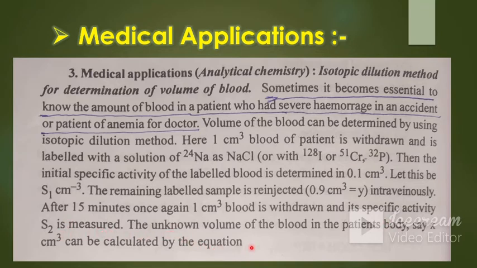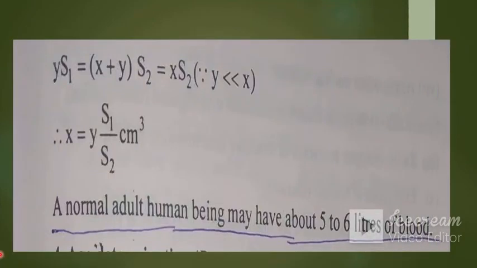The unknown volume of the blood in the patient's body, say X cm³, can be calculated by the equation Y S1 = (X + Y) S2, that is Y S1 = X S2 + Y S2. Therefore, X is equal to Y S1 divided by S2 cm³.